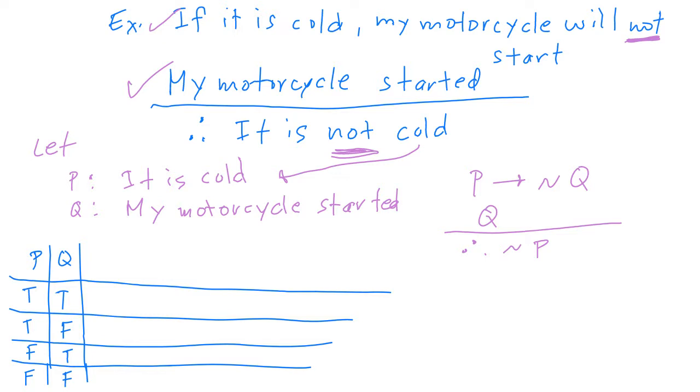We have a not here for Q, and a not here for P. Under not P, just take the opposite of the first column, which gives F, F, T, T. In not Q, you look at the second column and take the opposite, so you will get F, T, F, T.